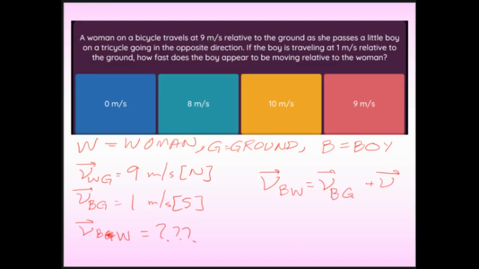VBG, and then you connect the G, and you go to W. Do we have both, or does one of them need to be flipped? VBG is 1 meter per second in the south direction, plus now V woman to ground is 9 north. So what's V ground to woman? 9 south.